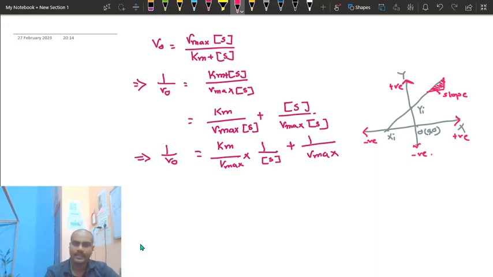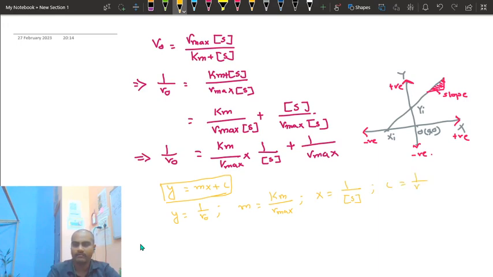Now there is a formula to plot any graphical representation: y equals mx plus c. Over here the value of y is 1 by V0, the value of m is Km divided by Vmax, the value of x is 1 by the concentration of [S], and the value of c is 1 by Vmax.